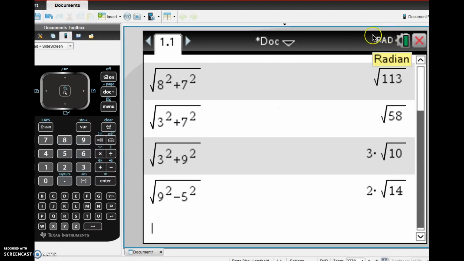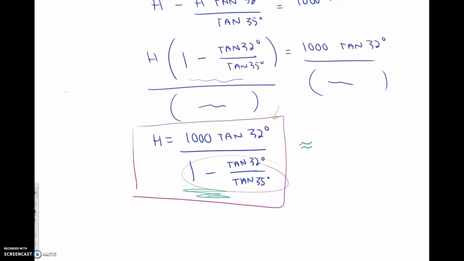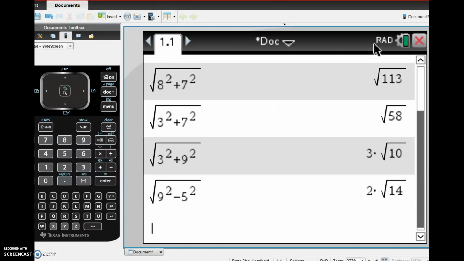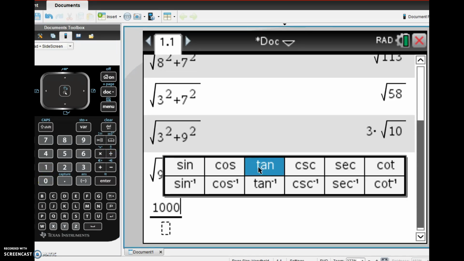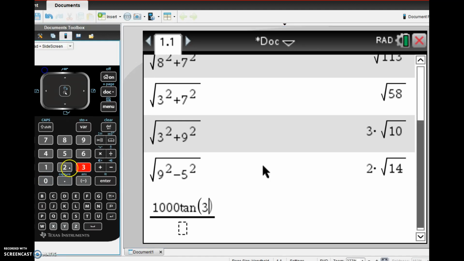I want to point out to you that my calculator is always in radian mode. I never take it out of radian mode. Now this problem has its inputs in degrees, but I can overwrite radian mode by putting in degree symbols. So here's what I'm going to do. Let's start typing it in. Control fraction button, 1000, tangent of 32. Now if I put in 32 with no units, it's assumed radians.